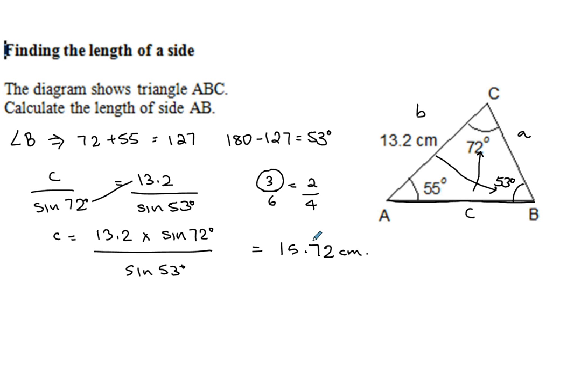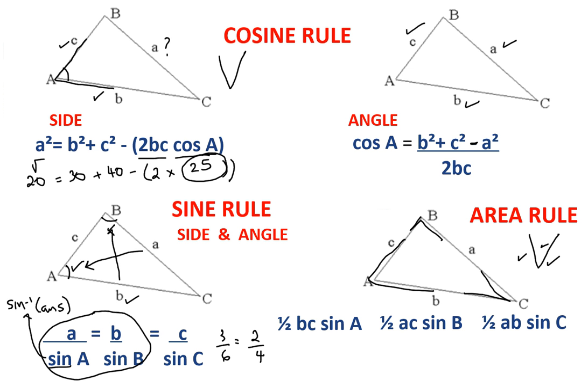One thing I forgot to tell you, which I'll just go back to the other slide. If you ever have to find the largest angle, the largest angle will always be opposite the longest side.